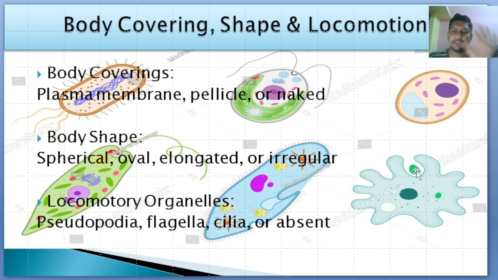See, the body is covered by plasma membrane, it is also called pellicle, and in some protozoans the body is naked, and the shape may vary from one animal to another animal.